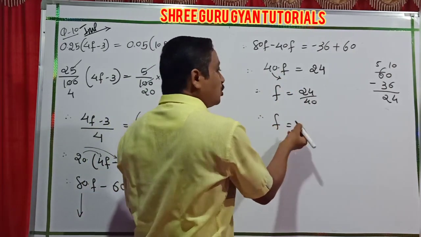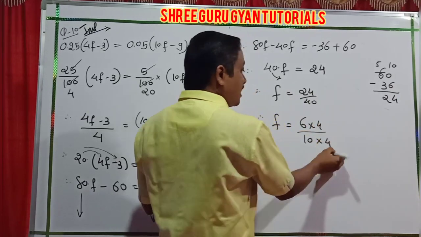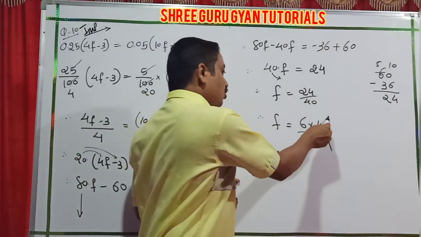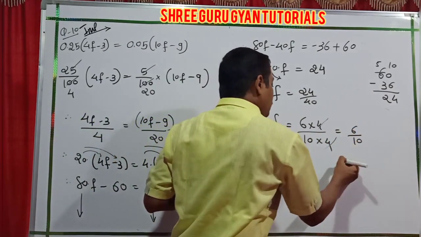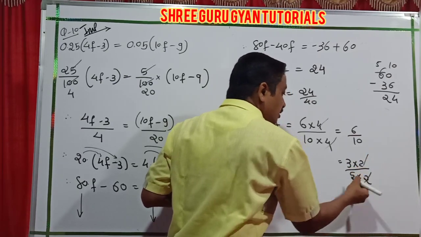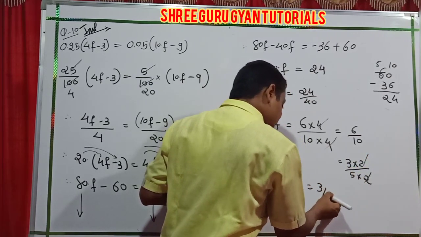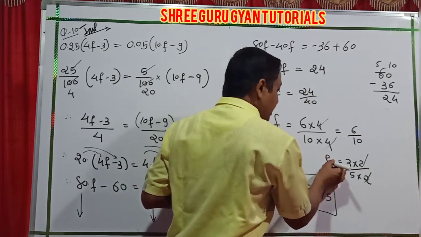Now, turning to cutting. 6 4s are 24, 10 4s are 40, 4 4 gone. Again this cancellation by 6 by 10, it is possible. 3 2s are 6, 5 2s are 10, 2 gone. So what is f? Yes, 3 by 5 is your final value for this f.